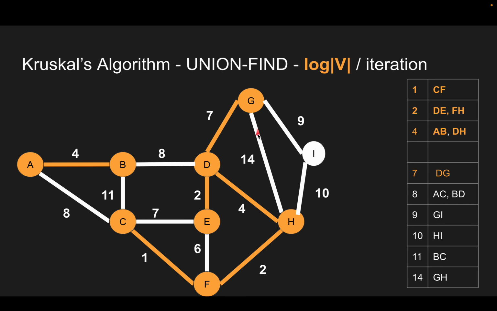DG here, AC here. BD, we discard BD because if we include BD, it will form a cycle with the current spanning tree. So we discard BD. Again, okay, GI.